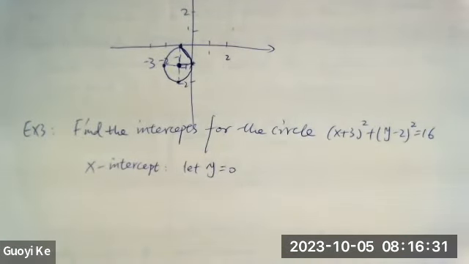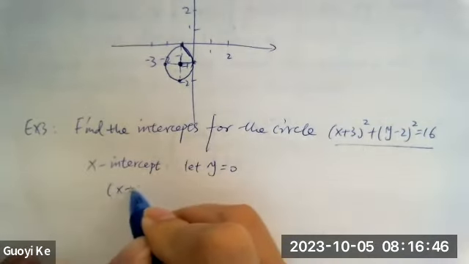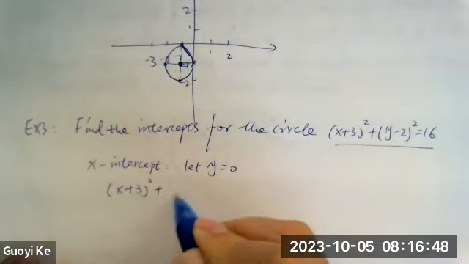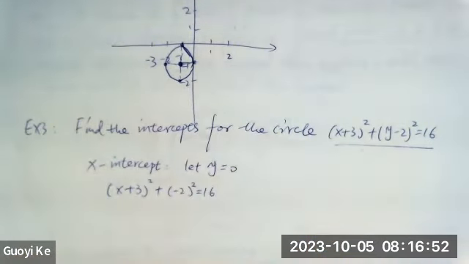That's the strategy. In order to find the x-intercepts, we let y equals 0. So that means we plug y equals 0 into this circle equation. Right? We plug in 0 here.